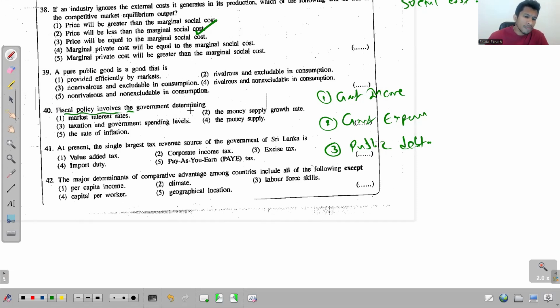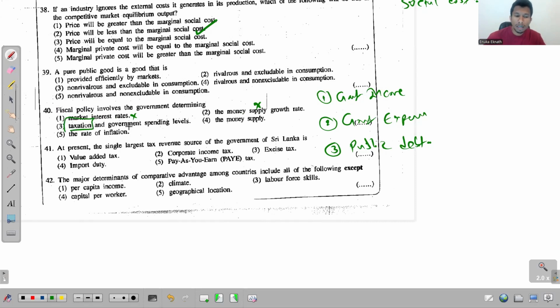Fiscal policy involves the government determining market interest rates. No, the interest rates are decided under the monetary policy, not under the fiscal policy. So this is wrong. The money supply growth rate. Once again, money supply is decided based on the monetary policy, so that is wrong. The third one, taxation and the government spending levels.